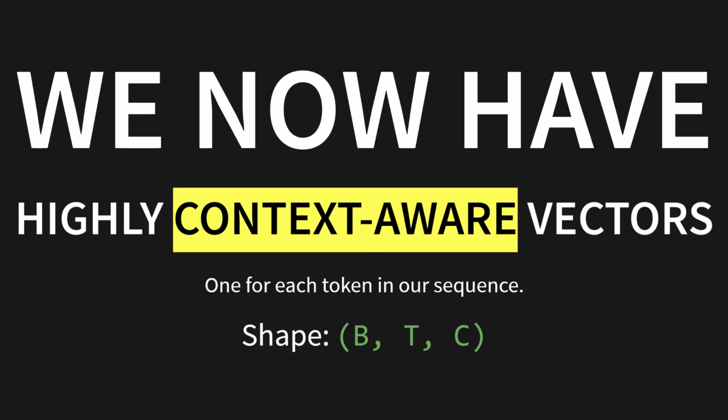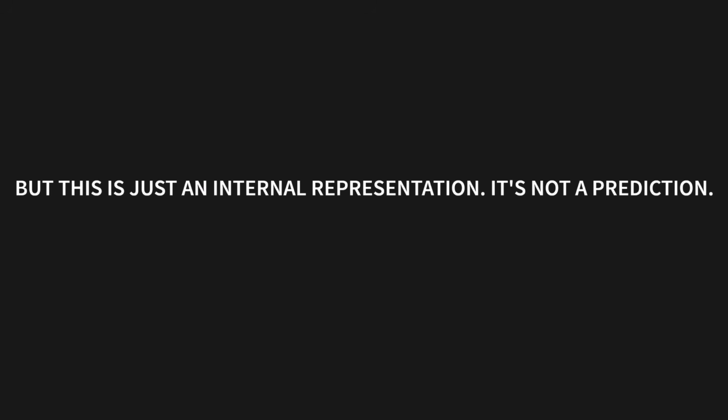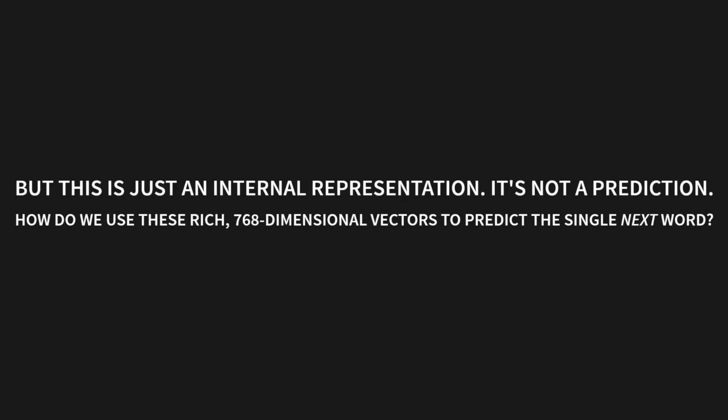The shape of our tensor is batch by sequence length, by embedding dimensions, or BTC. But here's the thing. This is just an internal representation. It's not a prediction. So how do we use these rich 768-dimensional vectors to predict the single next word?